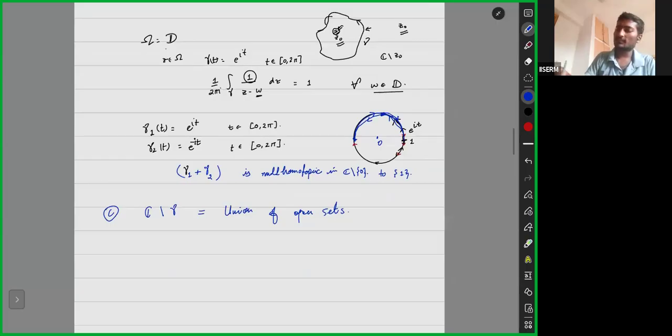You can see from a picture, let's say your curve is something like this. You get 3 components, C1, C2, C3.